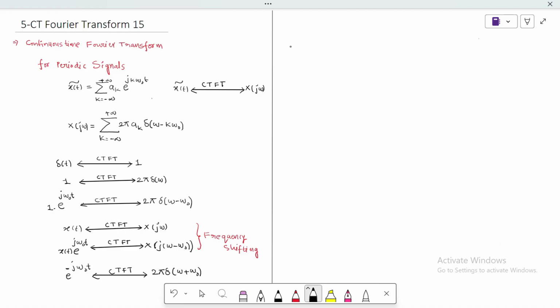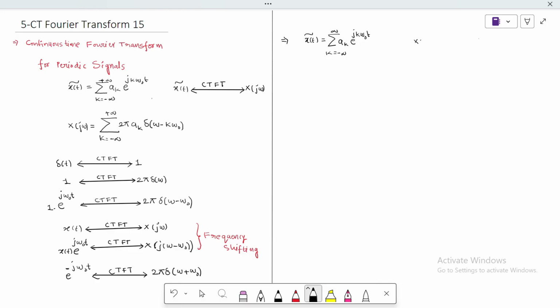Now we know that a periodic signal is represented in terms of the Fourier series representation, that is the sum of ak into e power jk omega naught t, k from minus infinity to plus infinity.